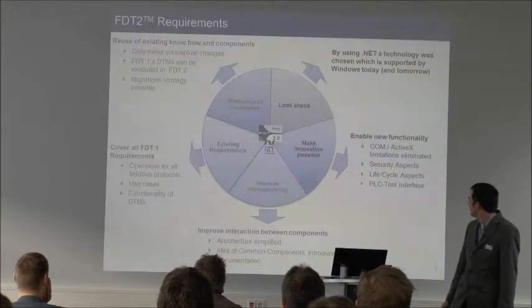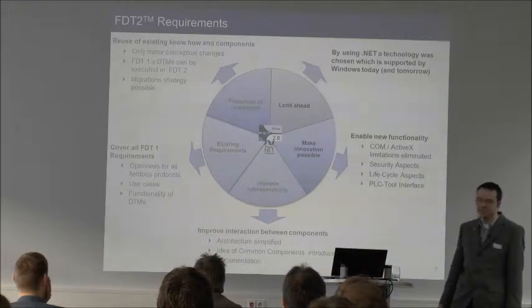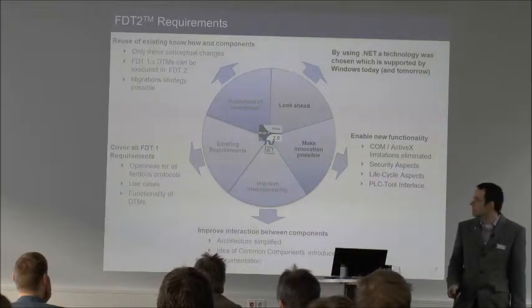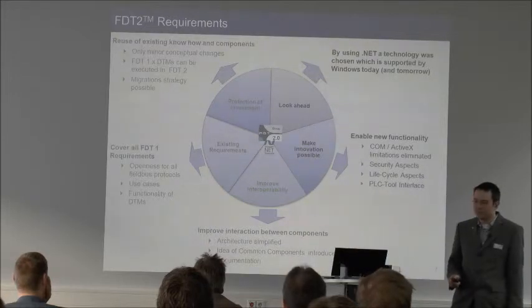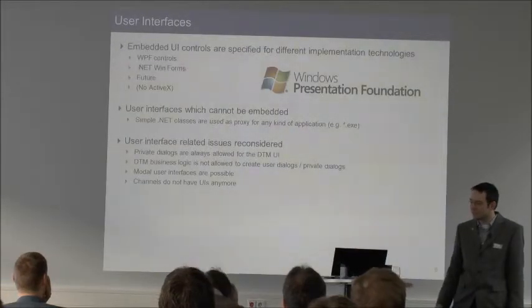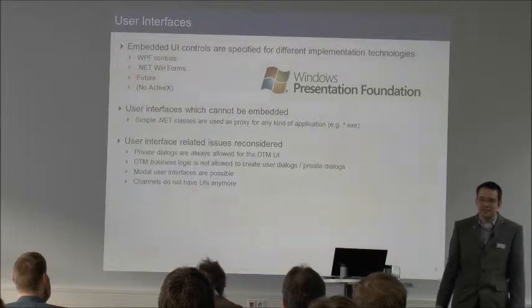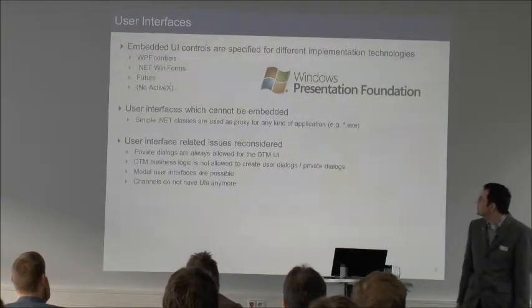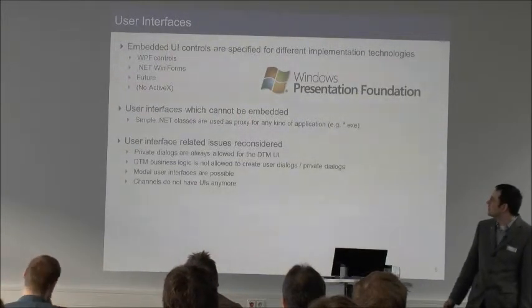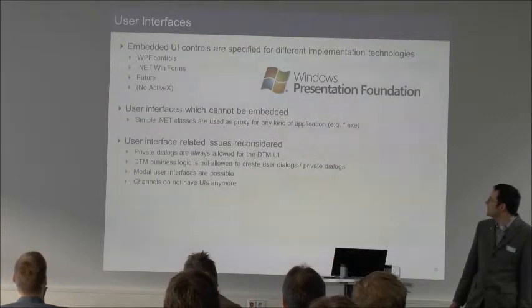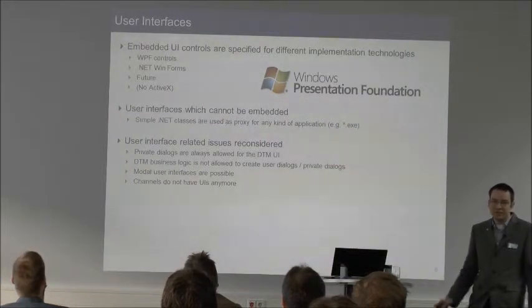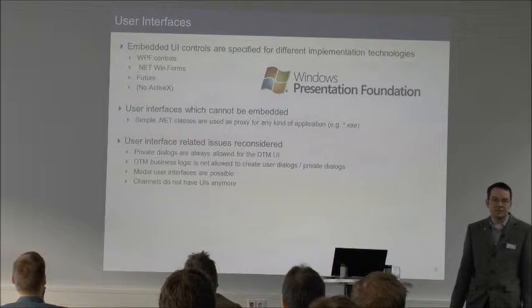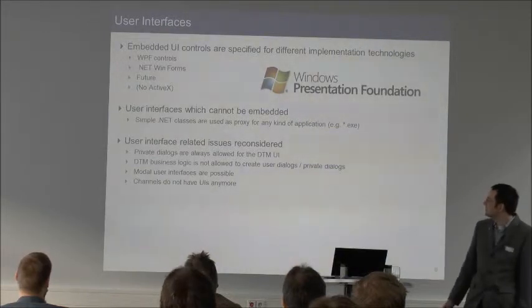So, the second topic: new functionalities which are not scoped in the FDT1 specification. As I mentioned earlier, we can now write WPF controls. You can also use .NET WinForms controls. Maybe we can use other technologies in the future.